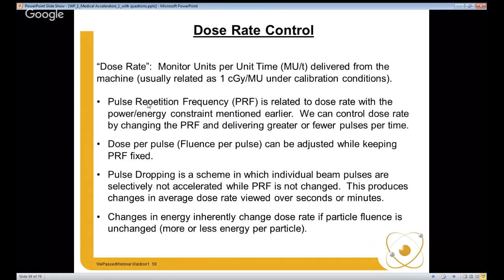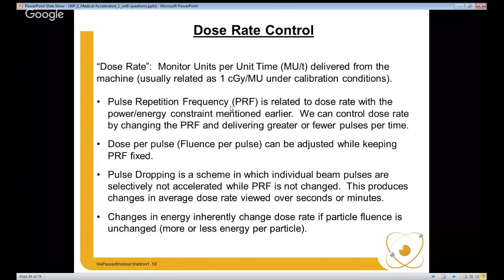If I change the pulse repetition frequency, I will change the dose rate, where what I'm calling dose rate is the monitor units per time on my machine. I would like to stay away from the word dose. I'm using it very loosely here.